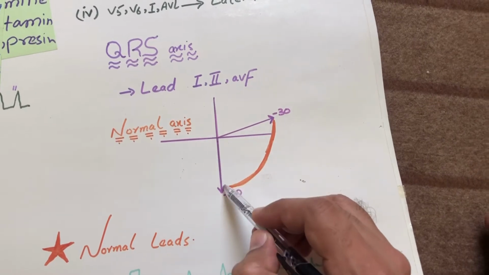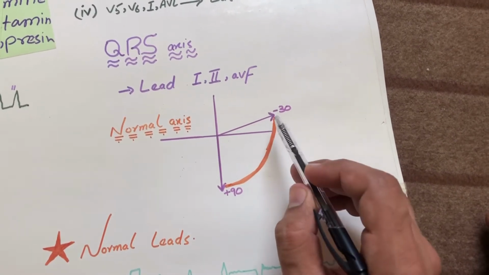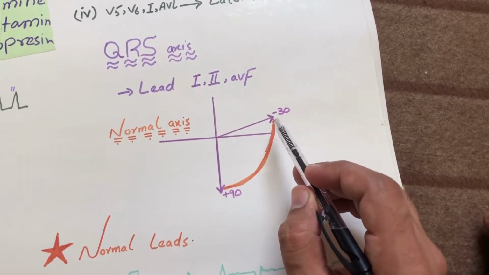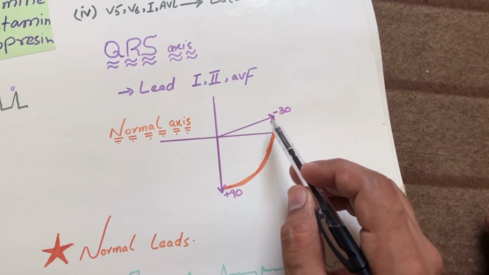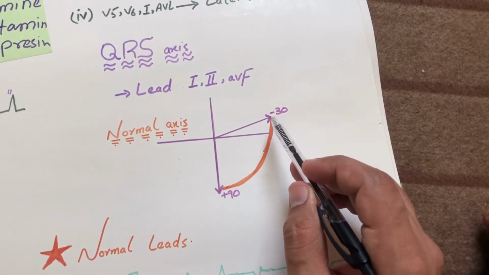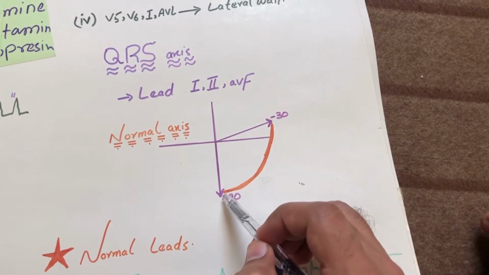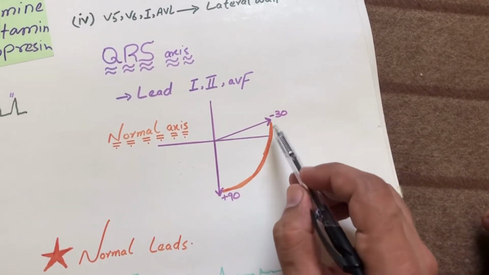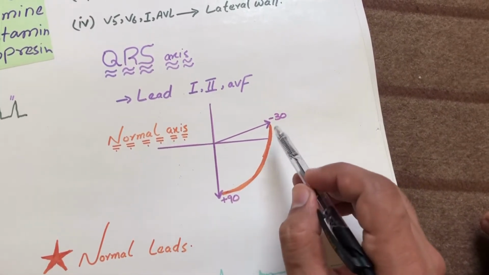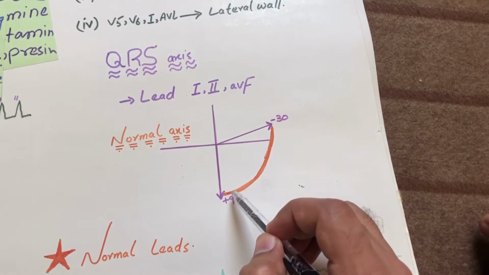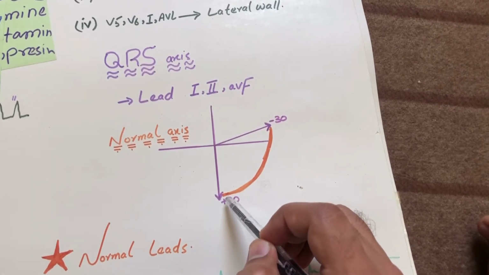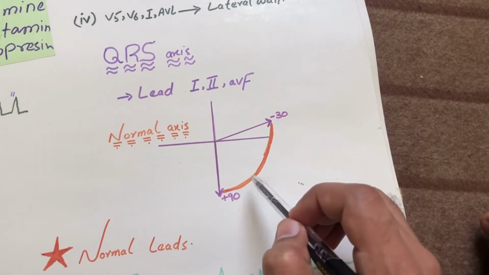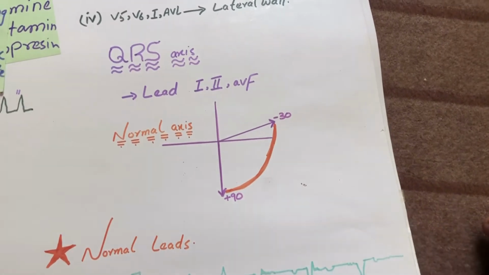This is the 90 angle. So the angle at which the action potential spreads on the ventricle is from -30 to +90. This is the normal axis of your heart, which is shown in the ECG by lead 1, lead 2 and AVF.